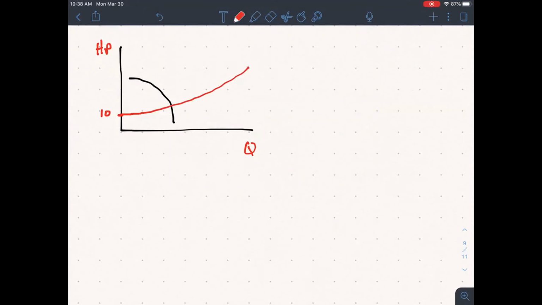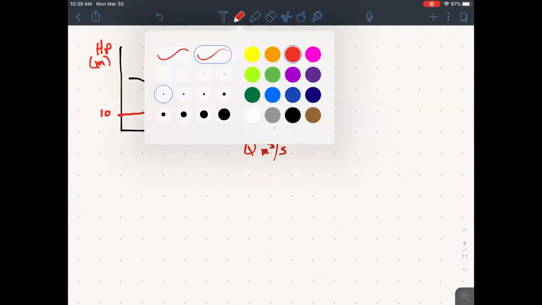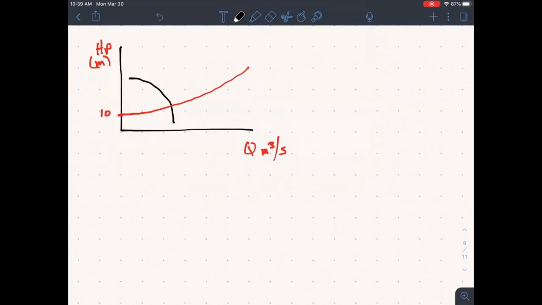We'll just draw it generically, but you can plot this in Excel. So, meters, and then okay.